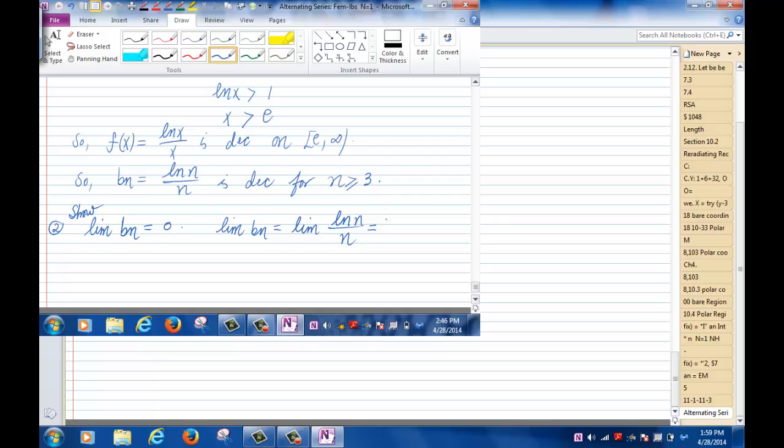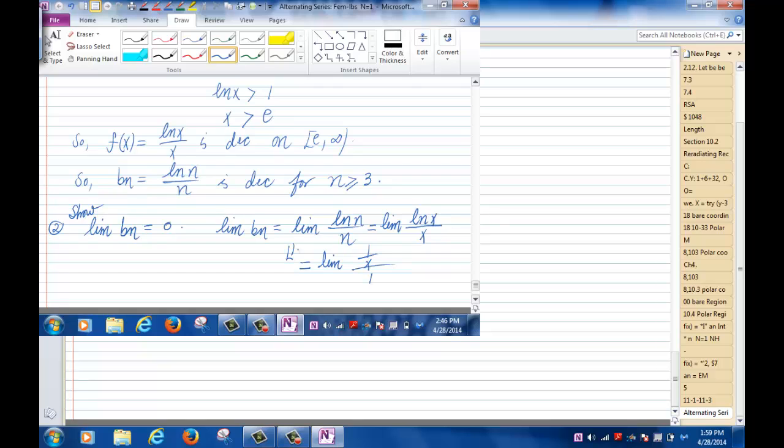L'Hopital's rule. Very good. So if I use L'Hopital's rule, I know that this is the same as the limit. Let me be more proper and convert to x, even though it doesn't really matter. If I take the derivative, I get 1 over x divided by 1.